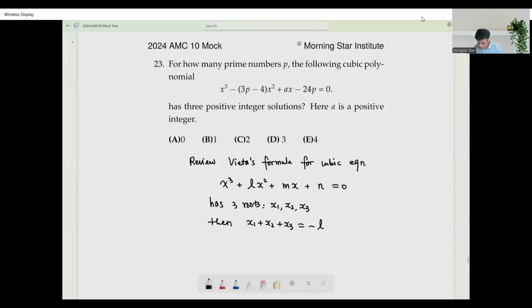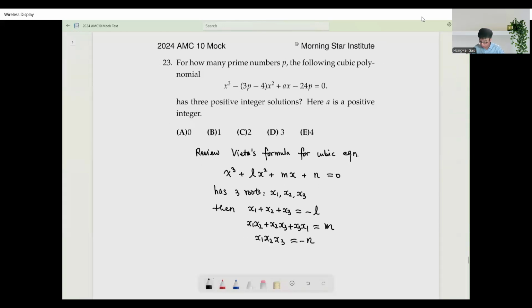The sum of the products of each pair of roots, x1 x2 plus x2 x3 plus x3 x1, equals m. And the product of the 3 roots, x1 x2 x3, equals minus n. This is the Vieta formula for cubic polynomials.